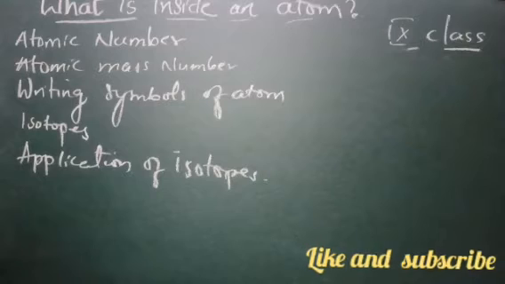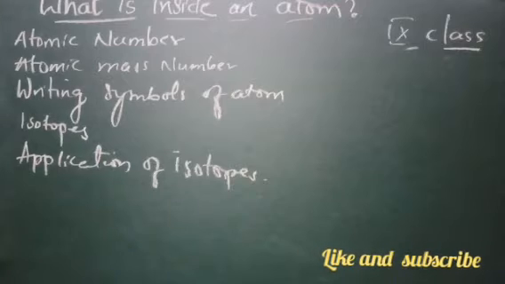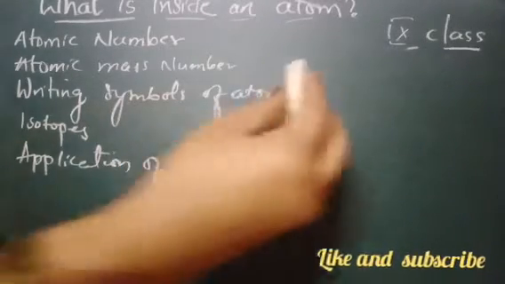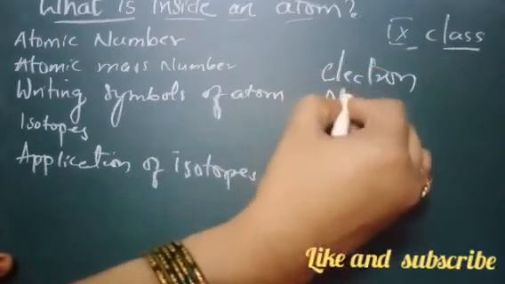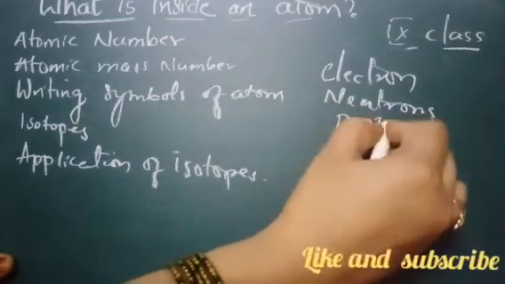Fine. So let us know what is atomic number. Already we have learned what is an atom. What are the subatomic particles present in an atom? Those are nothing but electrons, neutrons, and protons.